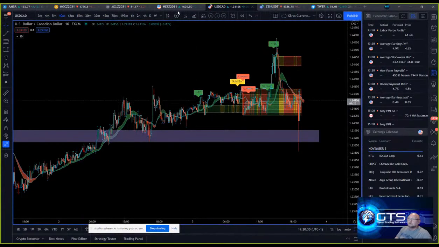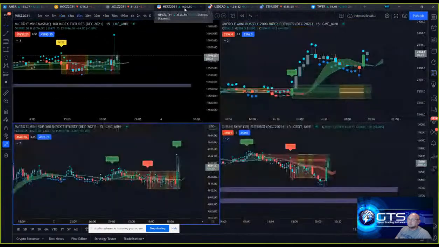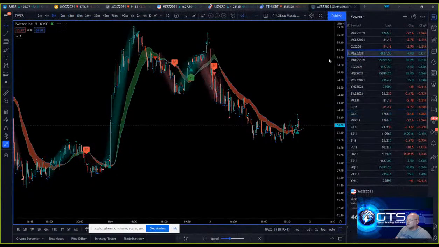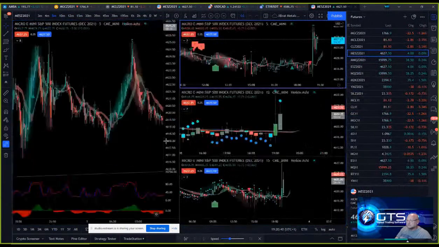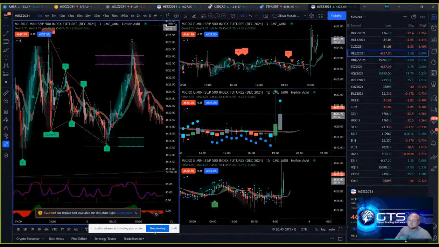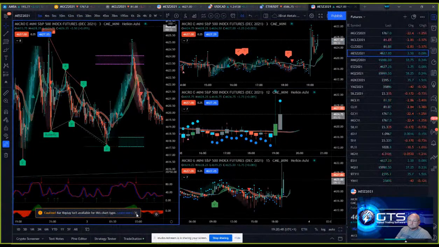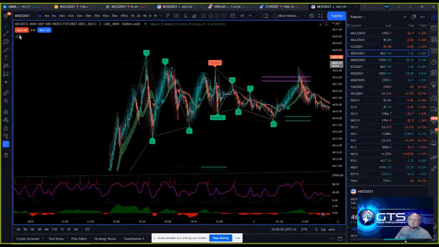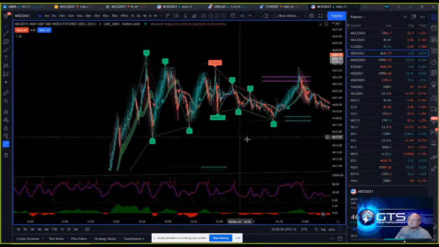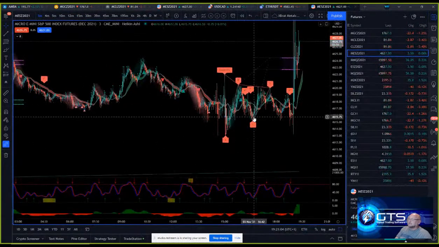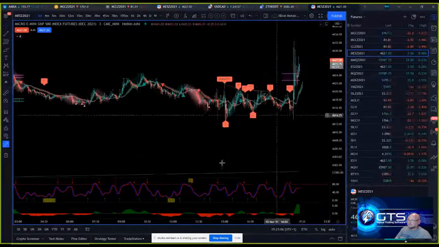So if we go to, bear with me, I just need to go back to there. I need to go to MES. I need to go on the 3 minutes. Let's go big. So with the 3 minutes, again, this is why it's been quite choppy today. The range breakout was the play today, okay?